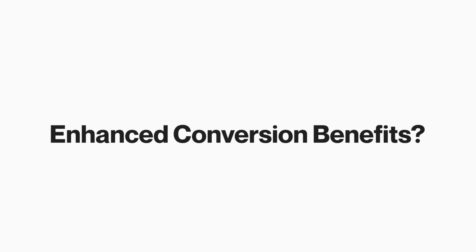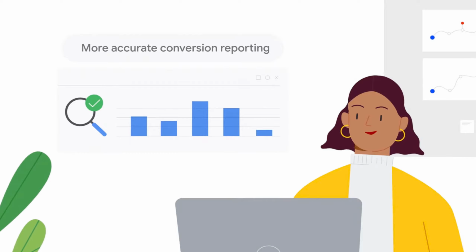So what are the benefits of enhanced conversion tracking? Well, of course, more accurate conversion reporting. You obviously want to know each and every conversion that is the result of your Google Ads and not let any conversion slip through the cracks unnoticed if it is possible to track those.